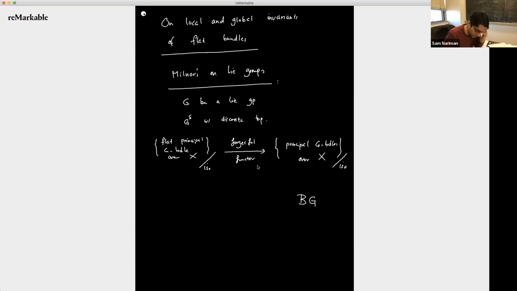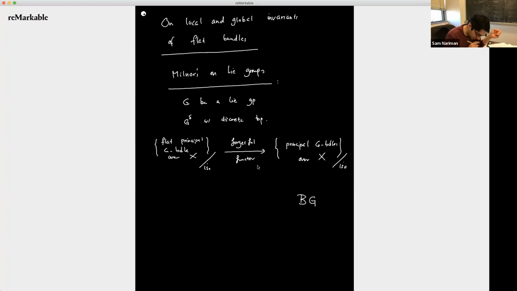So there are different models for BG, in particular one constructed by Milnor. The universal construction is you find a contractible space on which G acts freely and properly, and then you take the quotient. Saying that BG is a classifying space means that if you map X to BG, it gives you a principal G bundle over X, and any homotopy class of maps gives you an isomorphism class of principal G bundles.